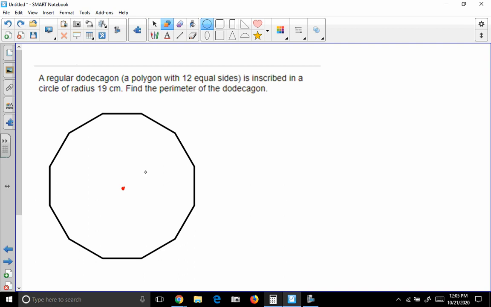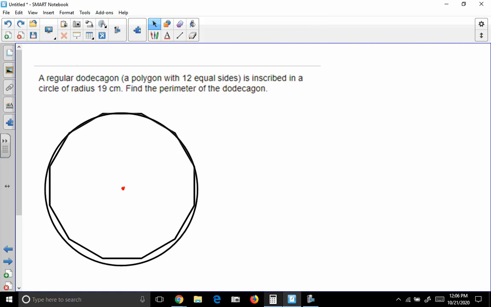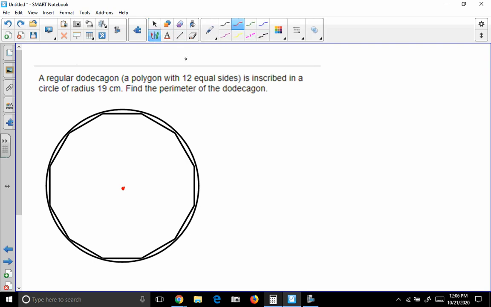And then that's inscribed in a circle. So that means that's inside the circle. There we go. And the circle has a radius of 19 centimeters, meaning from the center to the edge of the circle, that's 19.